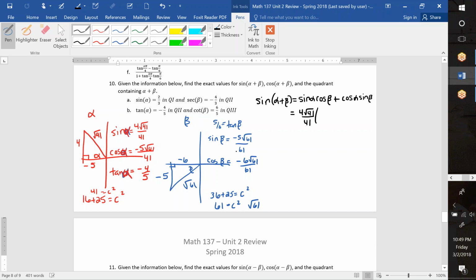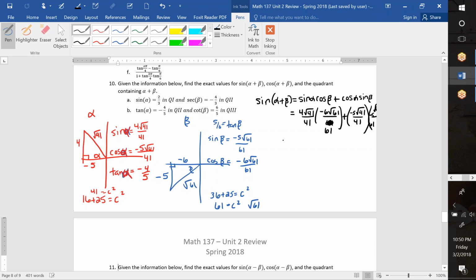Cosine of beta would be -6 square root of 61 over 61, sorry, not 41. Plus cosine of alpha is -5 square root of 41 over 41, and sine of beta, which is right here, is -5 square root of 61 over 61.